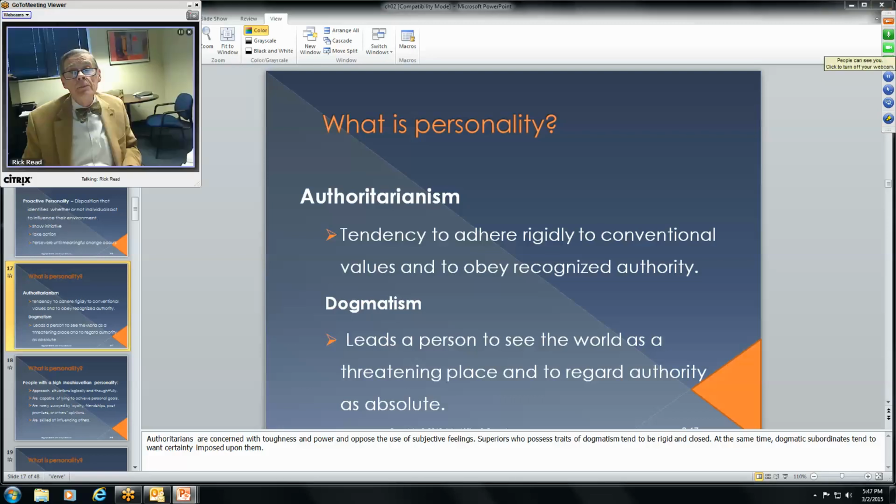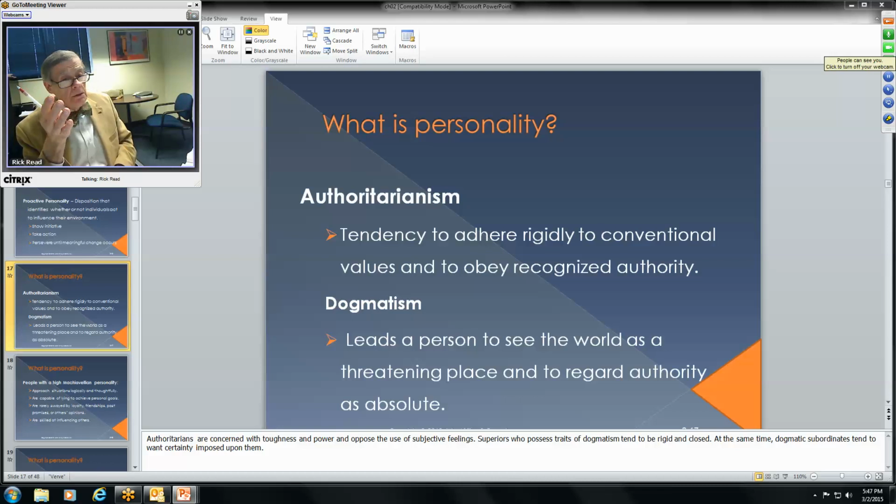These two concepts, at least as far as I'm concerned, tend to follow each other. Authoritarianism: people tend to obey what's given to them, and they tend to be rigid. There's no bending. There's no shades of gray.